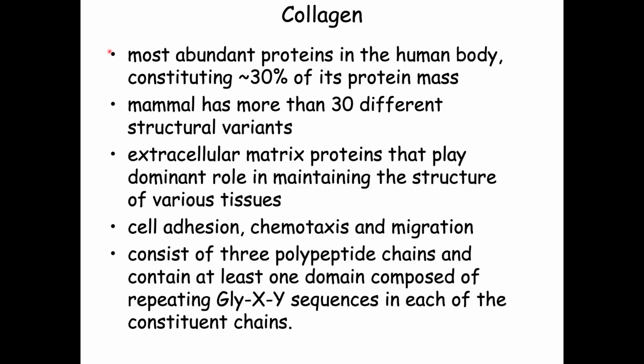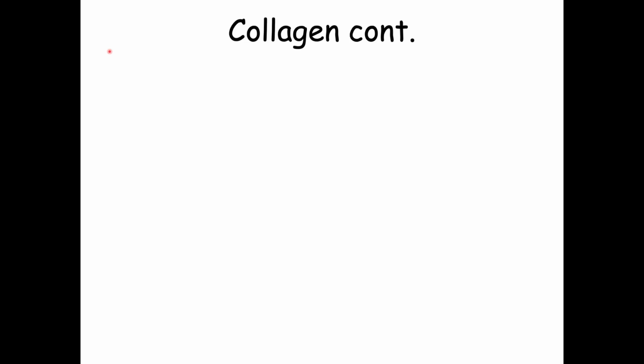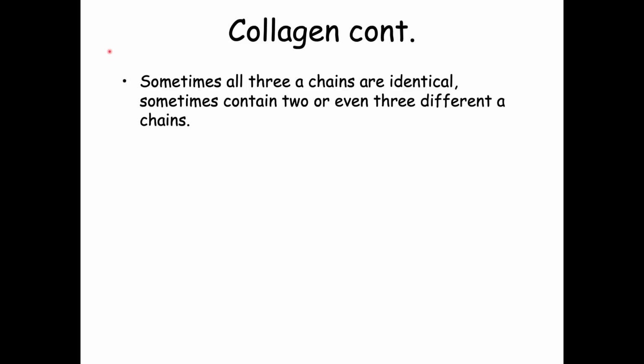Collagen consists of 3 polypeptide chains and contains at least one domain composed of the repeating sequence Gly-X-Y in each of those constituent chains. Now, when we look at collagen, sometimes all 3 chains are identical, but sometimes there can be 2 or even 3 different chains.